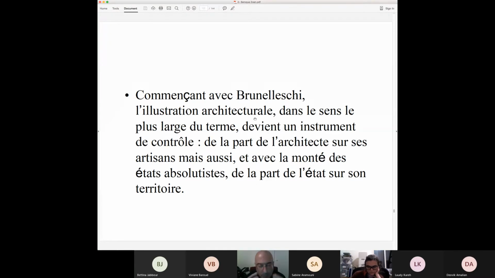Brunelleschi used the architectural plan as a means of, in fact, imposing control over the artisans. But the plan, the map, the architectural map, with the rise of the absolutist state, becomes an instrument of control of the state over its territories.